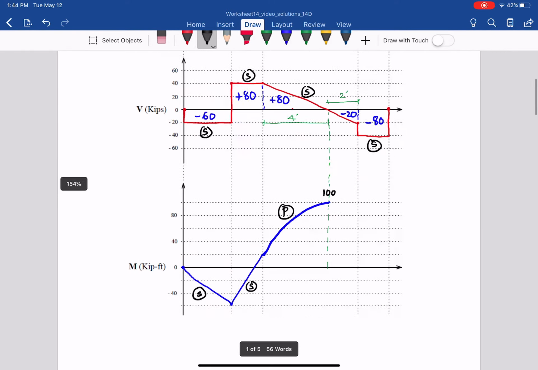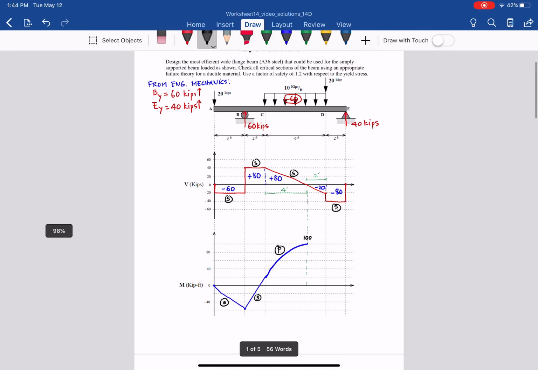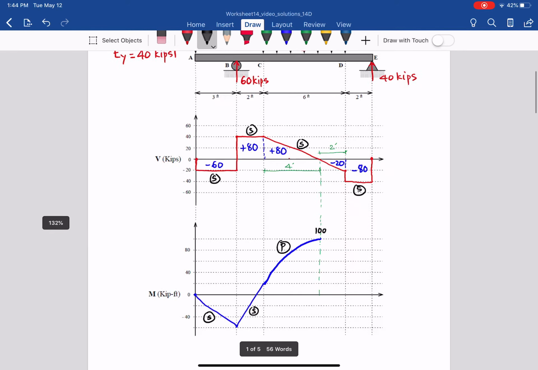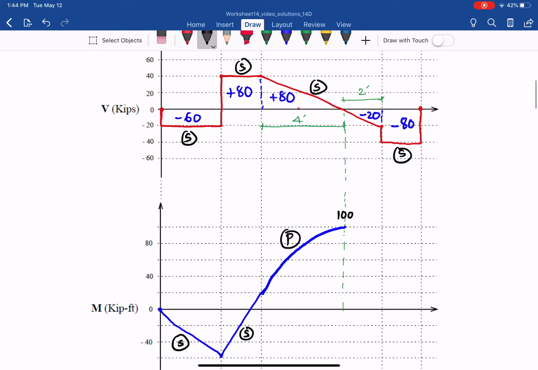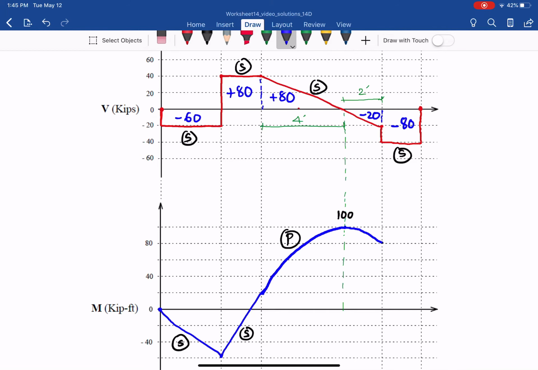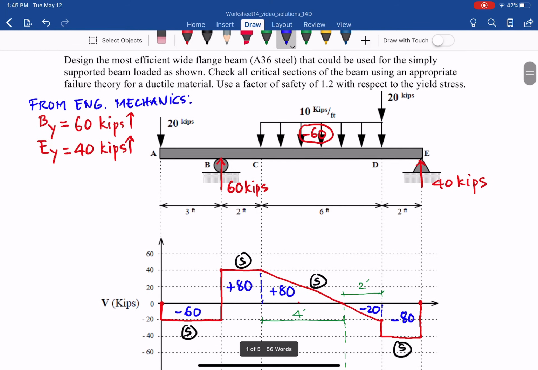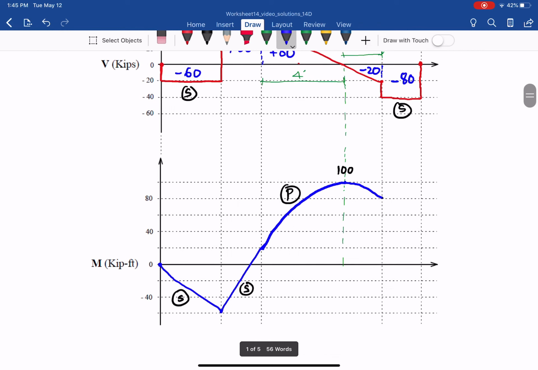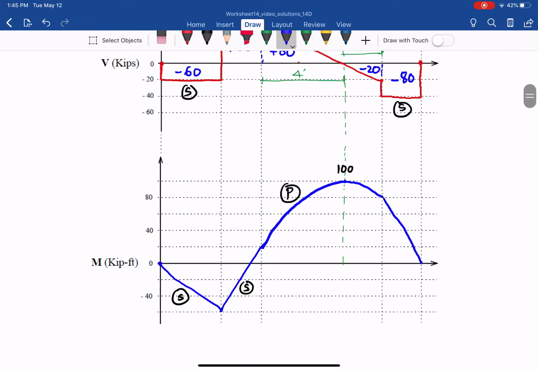And then from that intersection to point D, there is also distributed load, and it reduces by 20, so it goes back to 80. From 100 to 80, the change is negative 20. And then from that it goes to negative 80. Nothing between D and E, so it will be a straight line there.